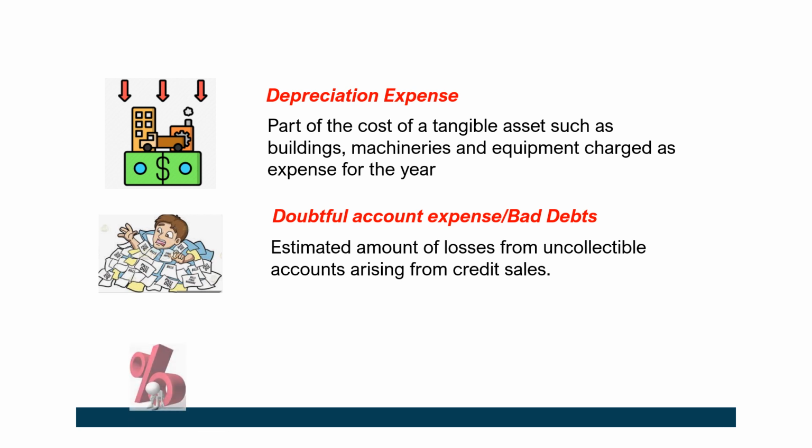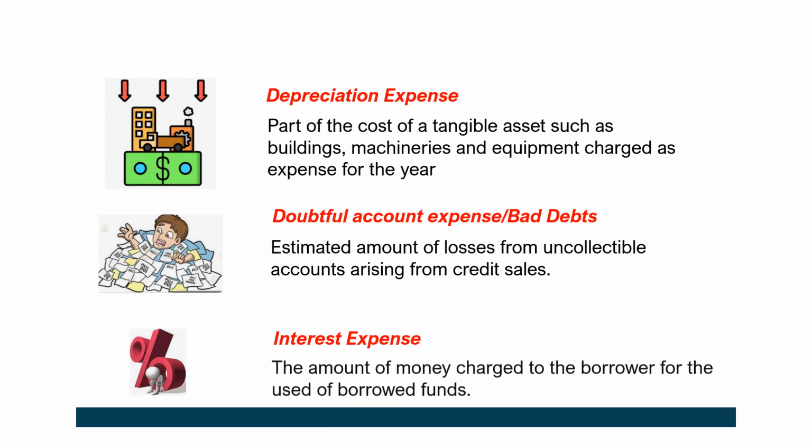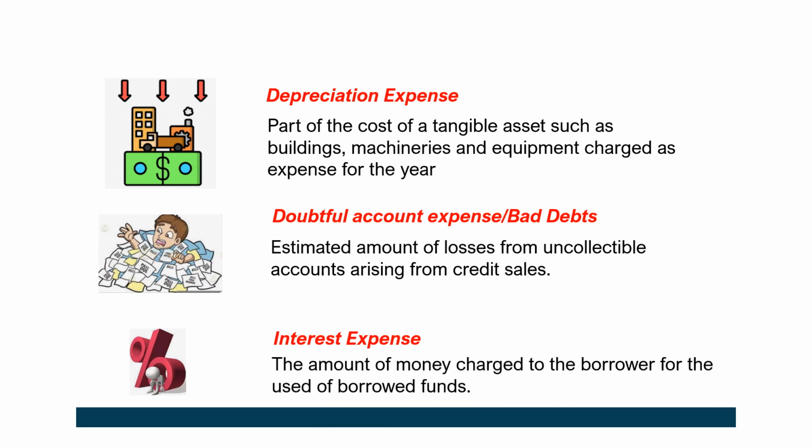And what else? We also have here interest expense, the amount of money charged to the borrower for the use of borrowed funds. Basically, these are the usual account titles that you will be using when you record transactions in the service business.